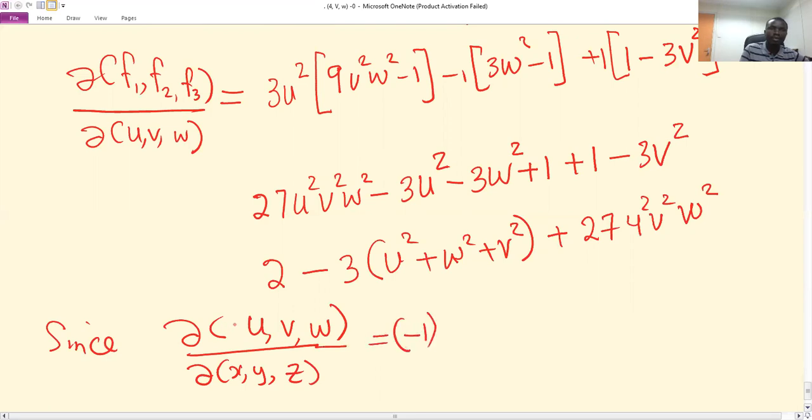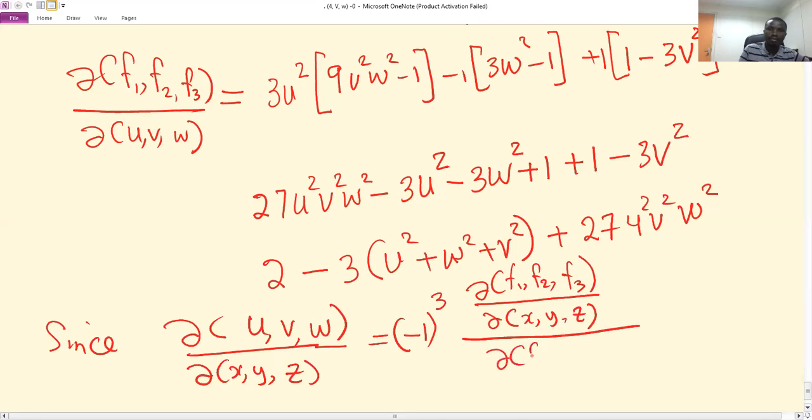Because now we are dealing with 3 functions in the determinant, this n is 3, and then we have partial f1, f2, f3, partial x, y, z divided by partial f1, f2, f3, partial u, v, w.